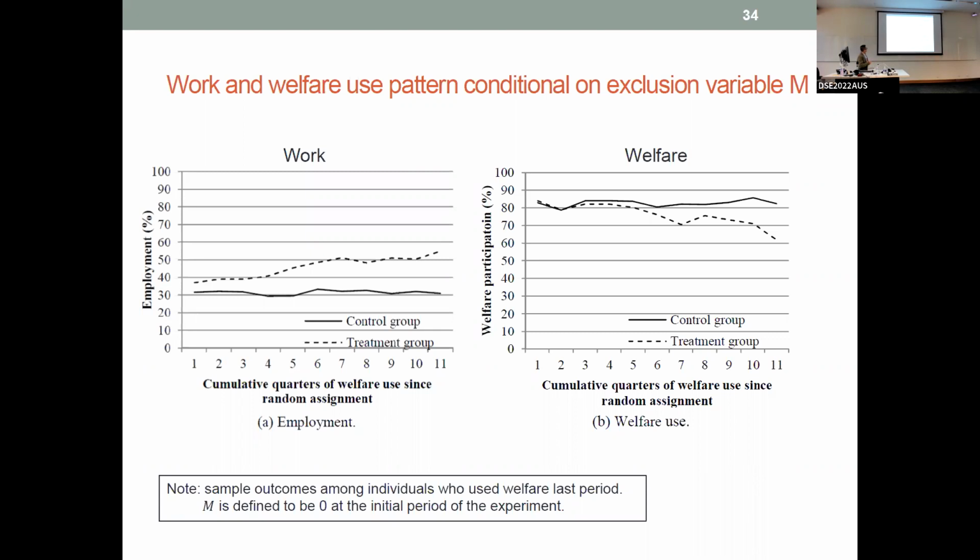We see that for the control group, the employment rate doesn't really vary with the exclusion variable M. For the treatment group, it increases by M. We see a reverse pattern for welfare. For the control group, the welfare participation rate remains largely invariant across values of M. It declines by M in the treatment group. So this variation will be used for identifying forward-looking behavior.